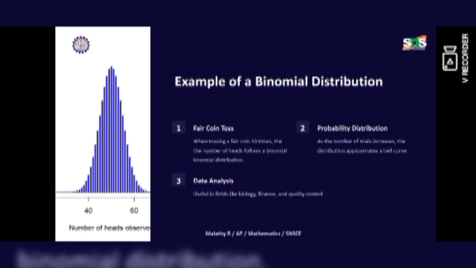It just shows the peak of the success alone. So that comes under binomial distribution. In binomial distribution, we are following the kurtosis distribution. Kurtosis moment is useful in fields like biology, finance and quality control. Wherever we are dealing with such situations, we are going to have a binomial distribution.